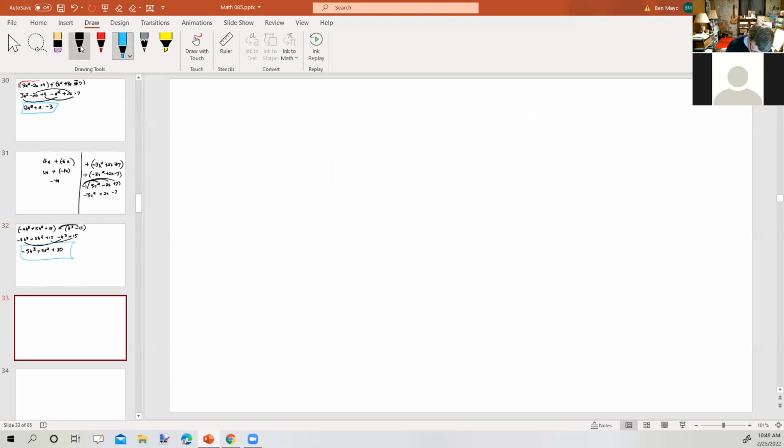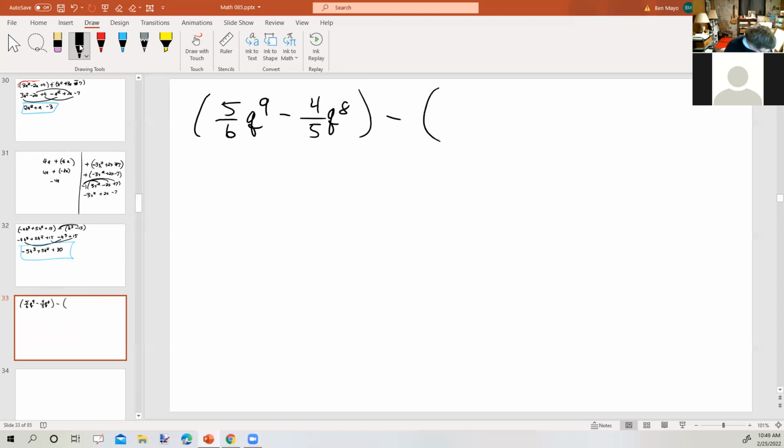This one, let's see, we've got 5/6 q to the 9th power minus 4/5 q to the 8th power, and then minus the quantity 1/4 q to the 9th plus 3/8 q to the 8th.